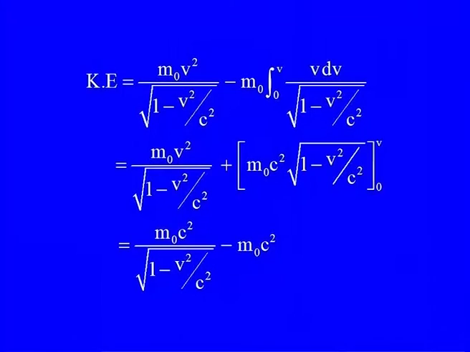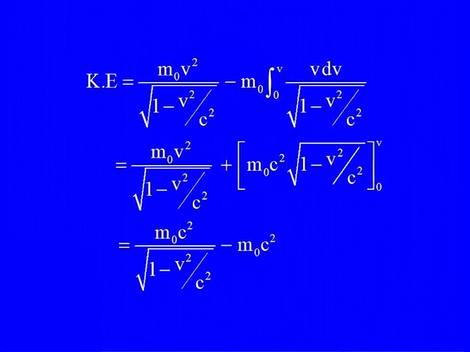If you do this integral and put in the proper limits, just look at the second line. When you do the integral and put in the proper limits, you get the one given in the brackets there, that is m0 c square into root over of 1 minus v square by c square, with the limits from 0 to v. And then the whole expression for the kinetic energy simplifies into two parts.